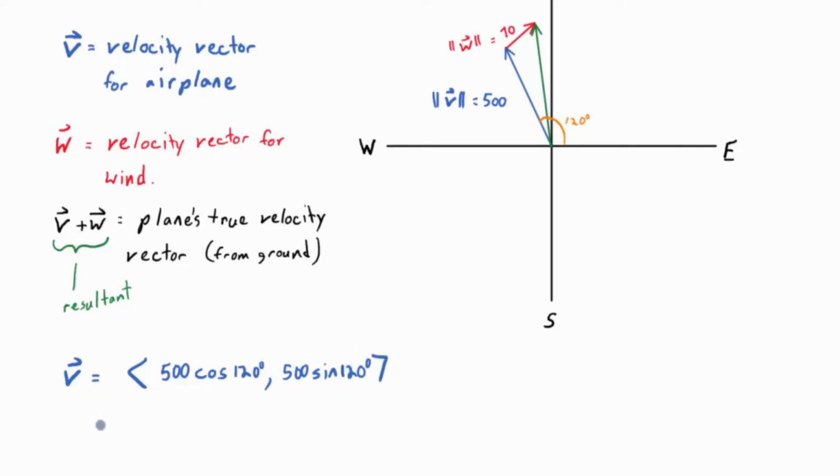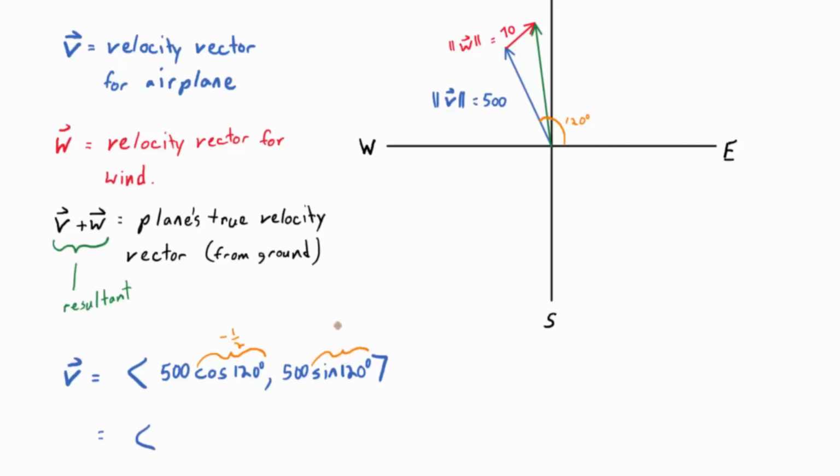And then if you can, and we can, get exact numbers just for practice. The reference angle for 120 is 60. It's in the second quadrant. So what's the cosine of 120? Except it's negative. And what's the sine of 120 in the second quadrant?